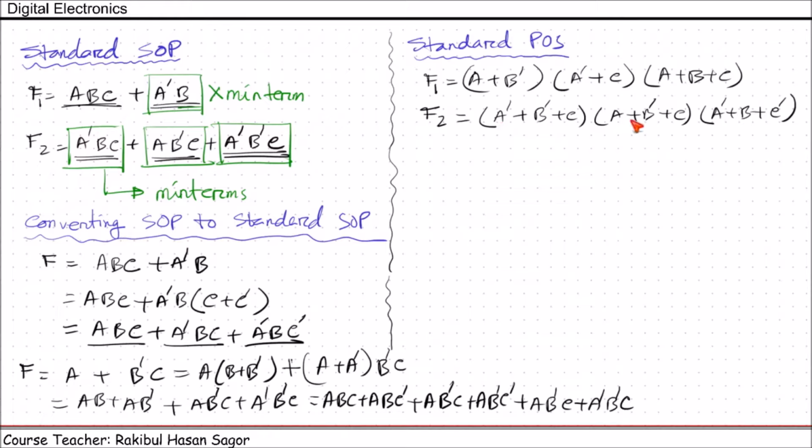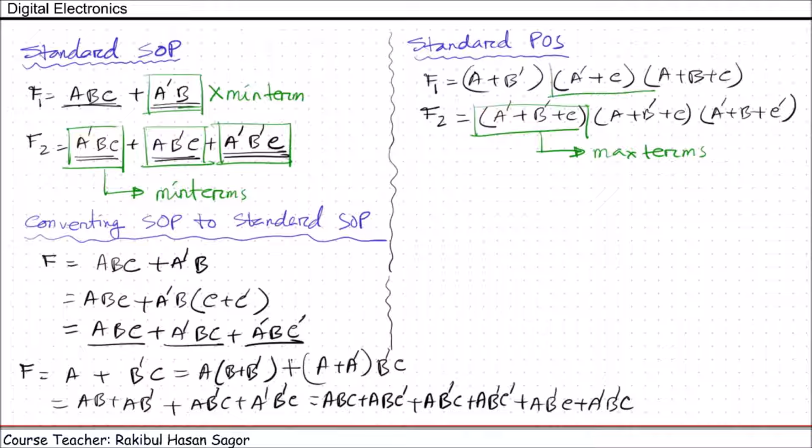We have a, b, c here, a, b, c here, and a, b, c here. At this point I want all of you to remember that each sum term in standard POS form is sometimes referred to as Maxterms. Here this is one Maxterm, this is another Maxterm, this is another Maxterm.